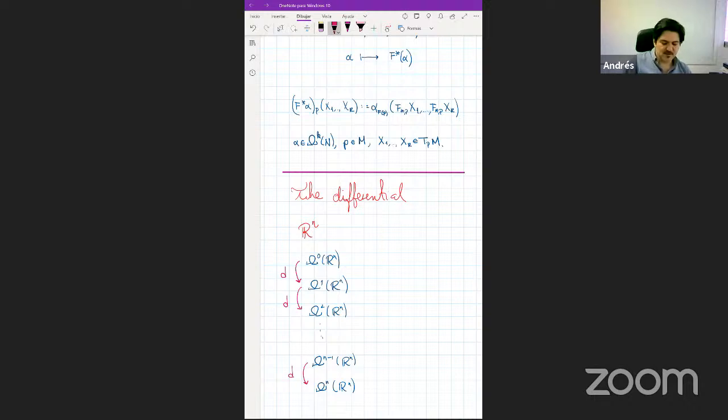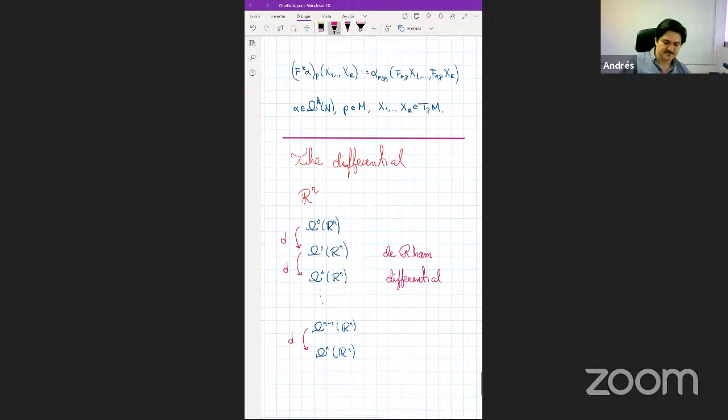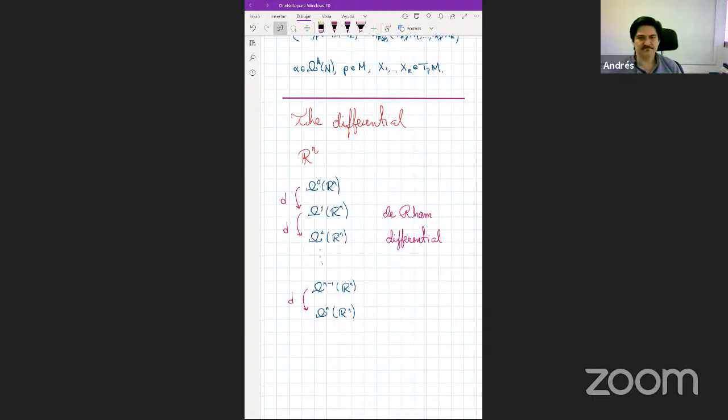And this is called the differential, or the exterior differential. Okay?